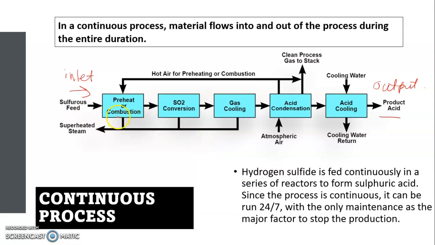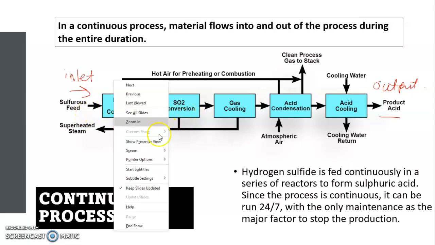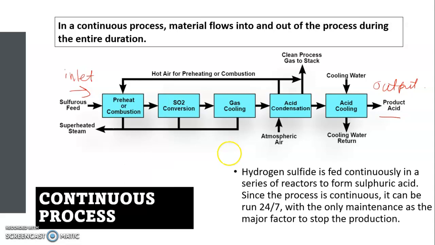In the process here, you have to preheat the hydrogen sulfide, then the conversion of hydrogen sulfide, gas cooling, condensation, and cooling of the acid, then you can get the output.